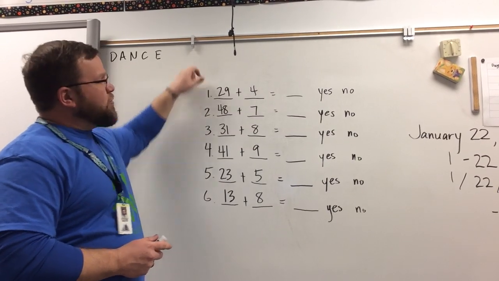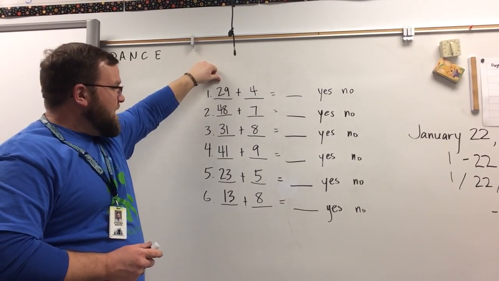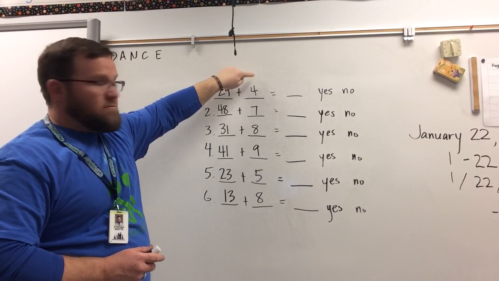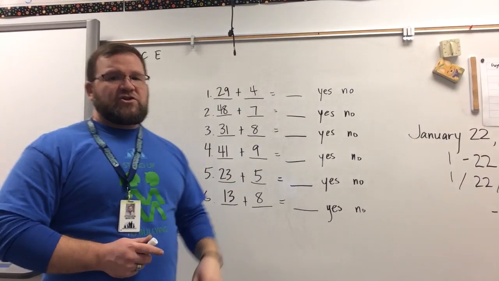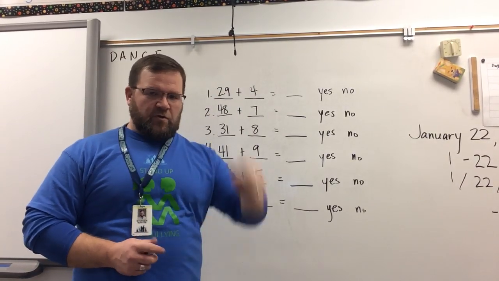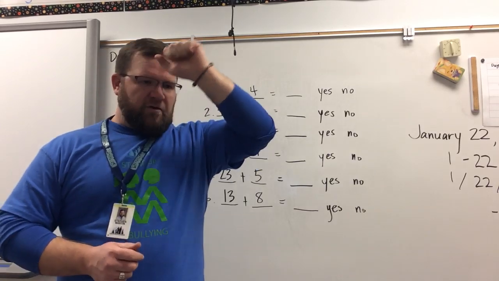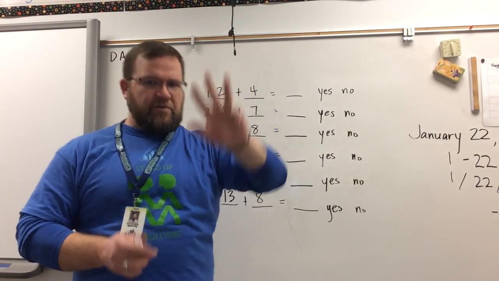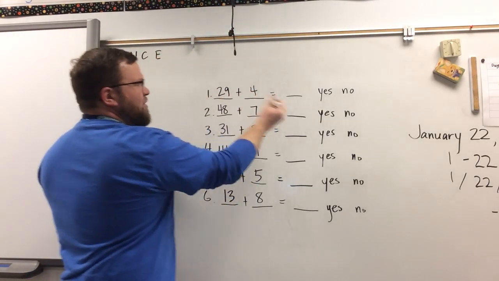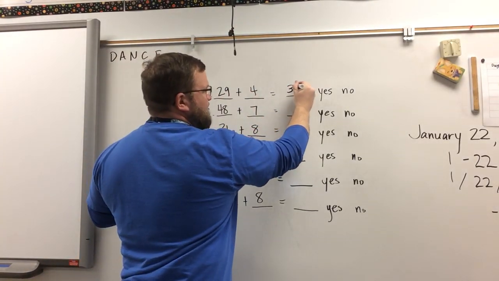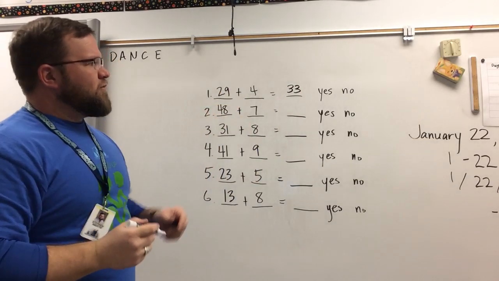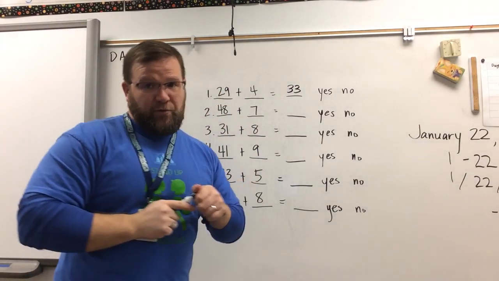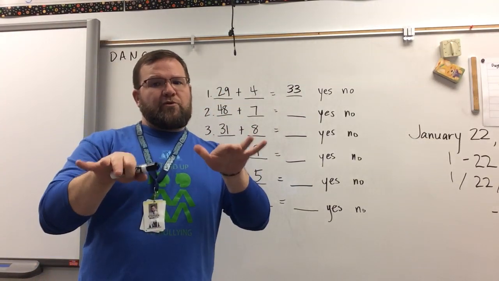All right, so let's look at number 1. We're starting with 29, and we are going to add 4. Okay? So start with 29 and add 4. So 29, and then we go to 30, 31, 32. That's right, 33. So 29 plus 4 is 33. Now the question over here that we have to answer is, did we regroup? Now remember what regrouping means.